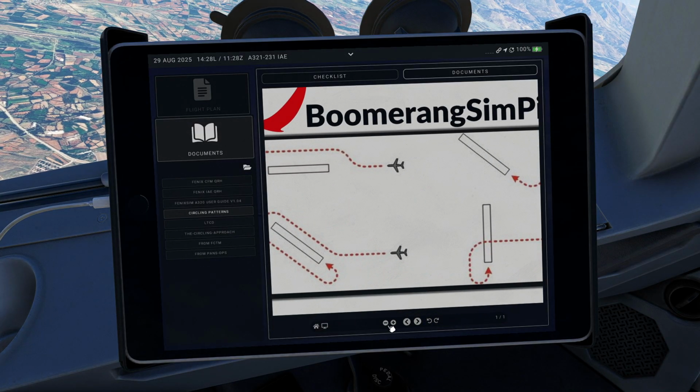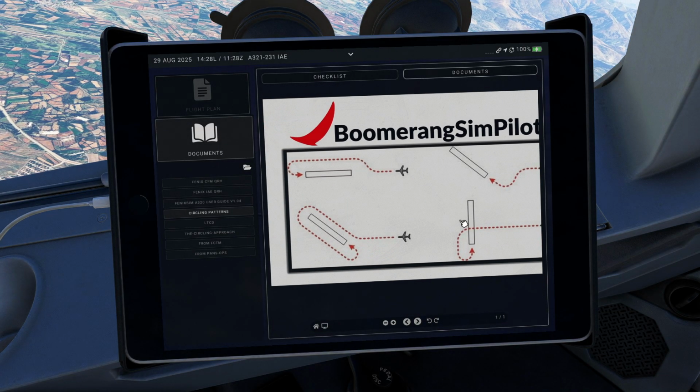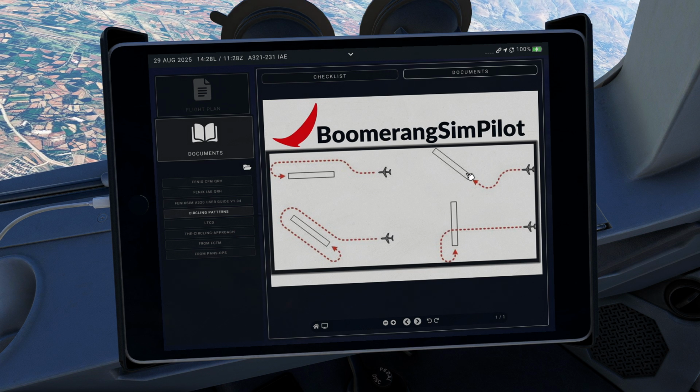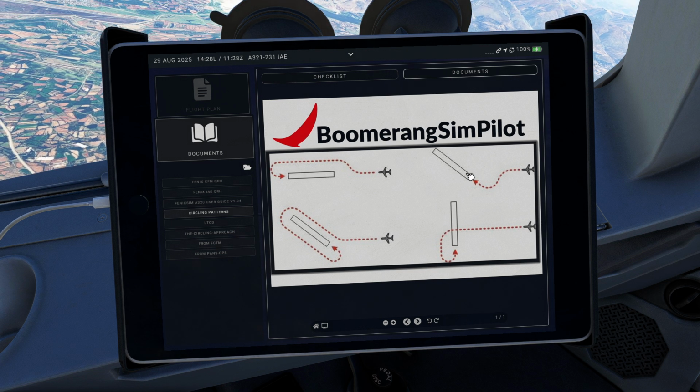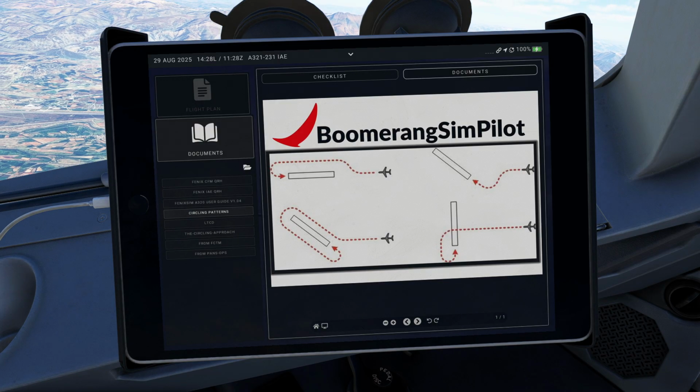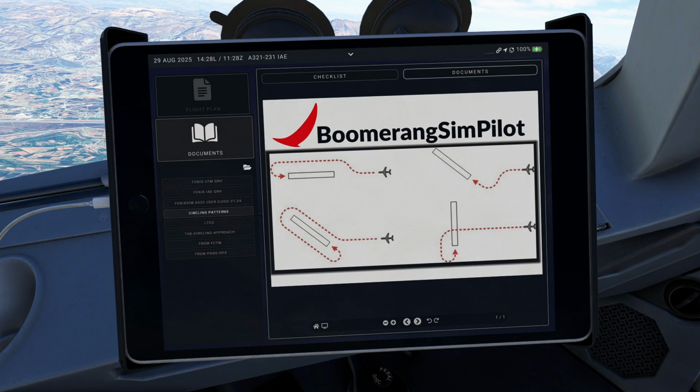That is very important. We have two patterns that guide us from the last part of the instrument approach toward the circling area and landing runway.